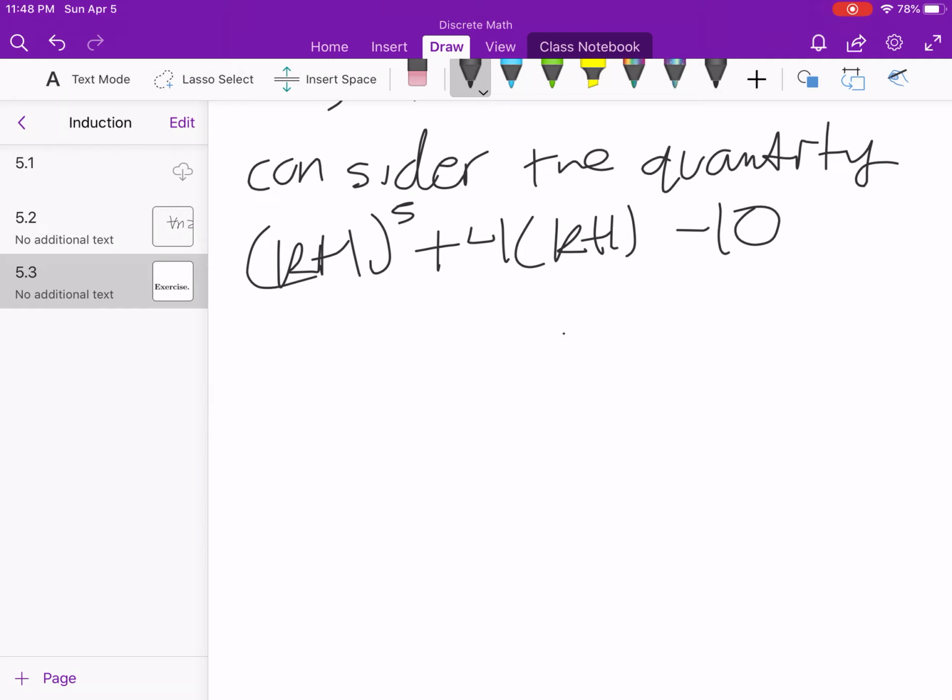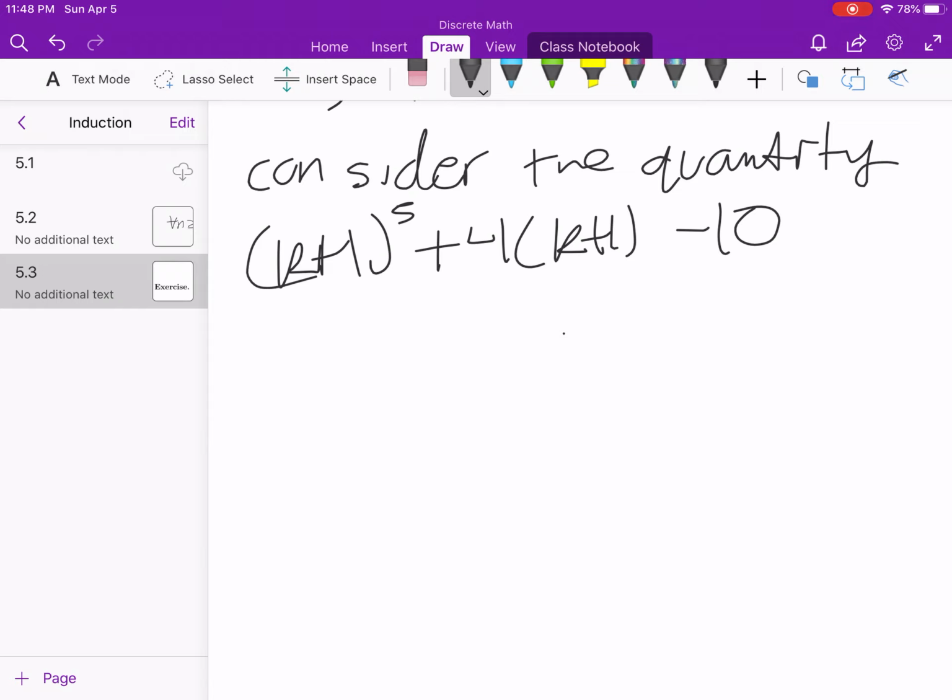Notice this is the thing I want to show is divisible by 5. And you'll see what happens here. I'm going to expand all of these out and then see what I'm left with.